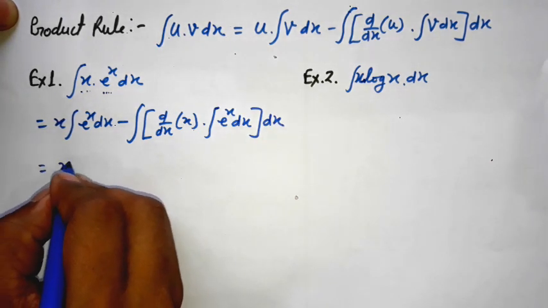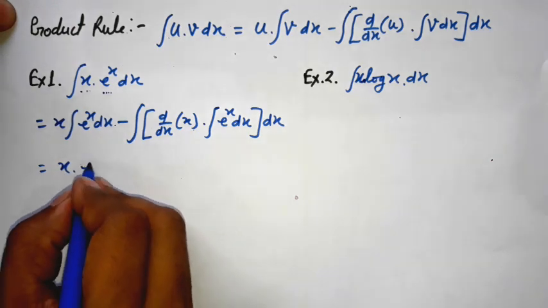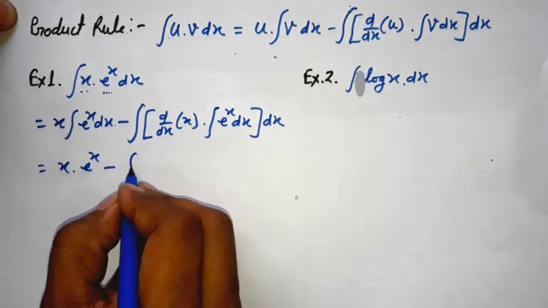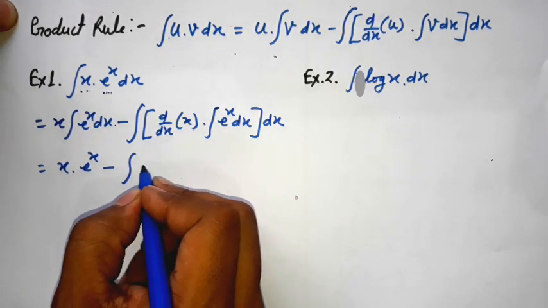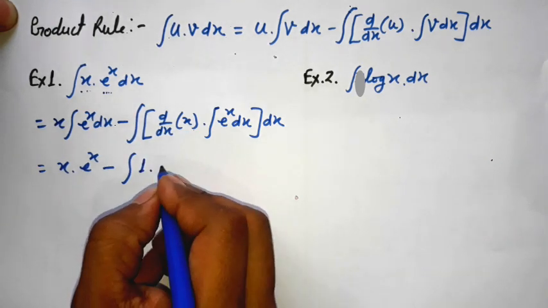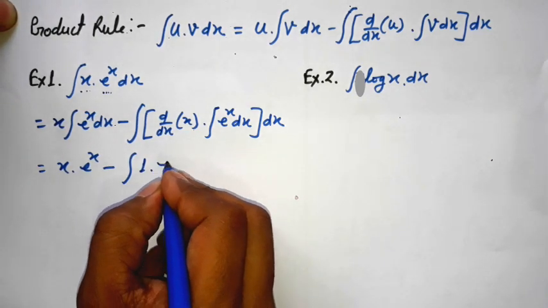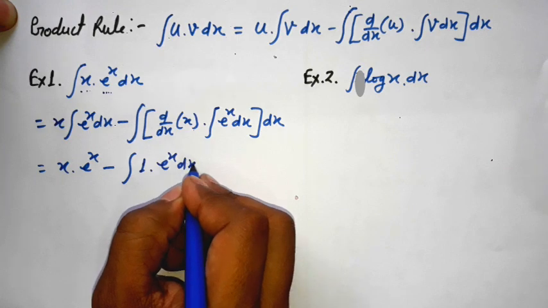Now x into integration of e to the power x, that is e to the power x, minus integration of differentiation of x, that is 1, and integration of e to the power x, that is also e to the power x dx.